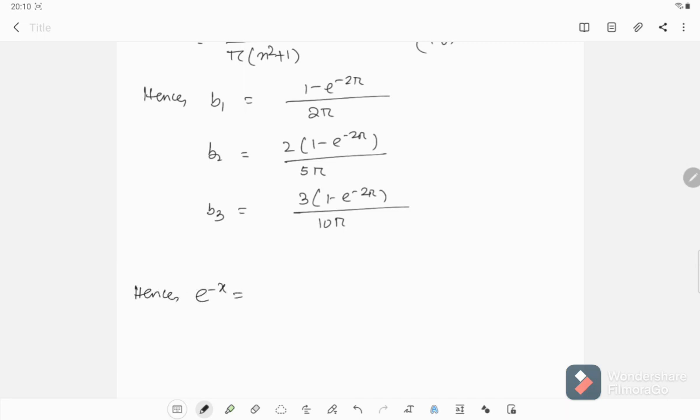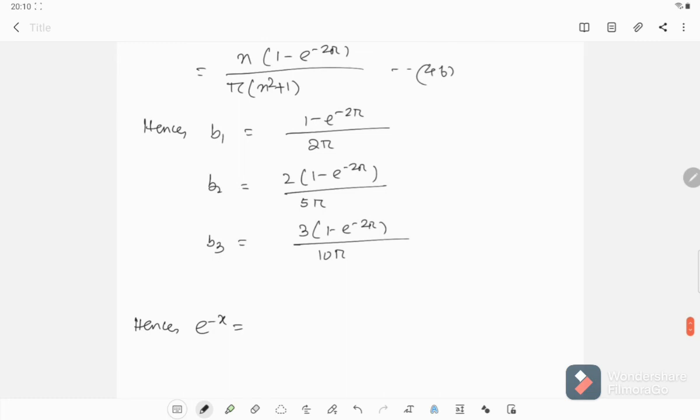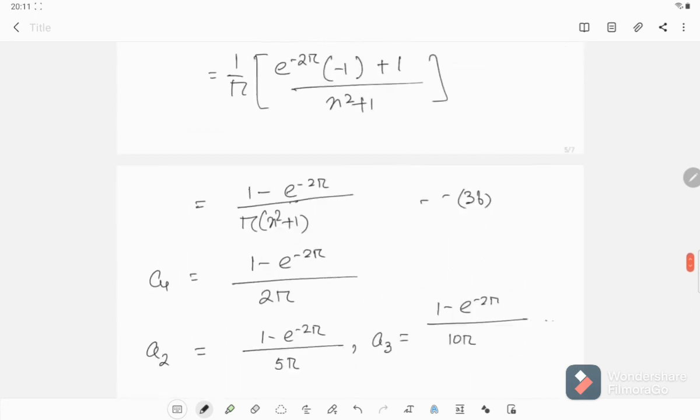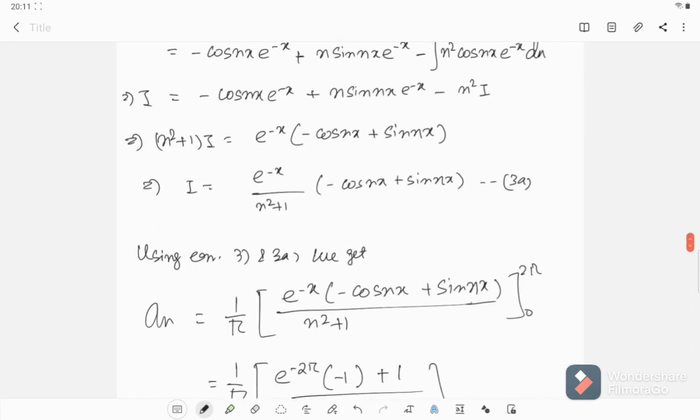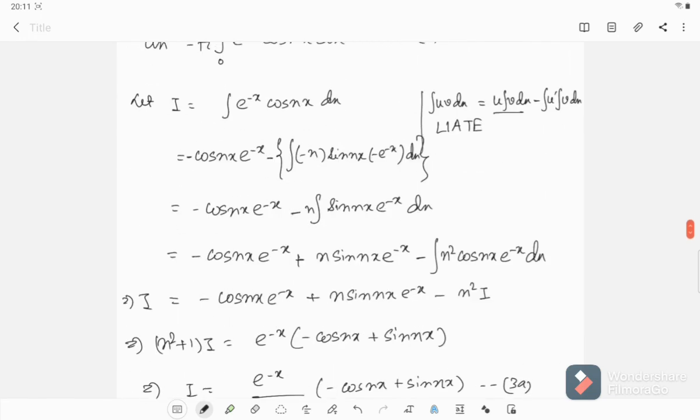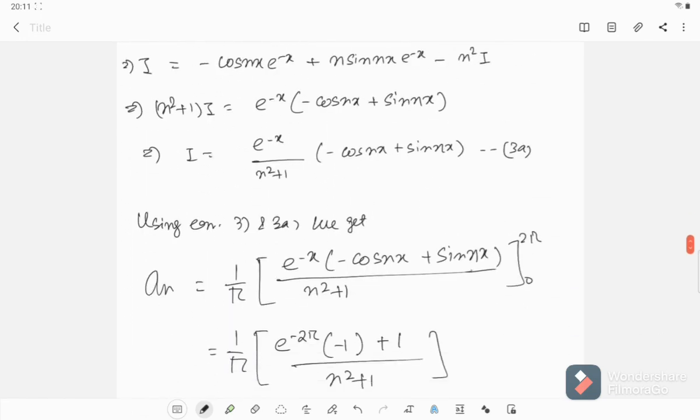So if we write the series ultimately, e to the power minus x is equal to a0 by 2, where a0 was, I think, (1 minus e to the power minus 2 pi) by pi. You can check it. That was a0, and an's value was like this.